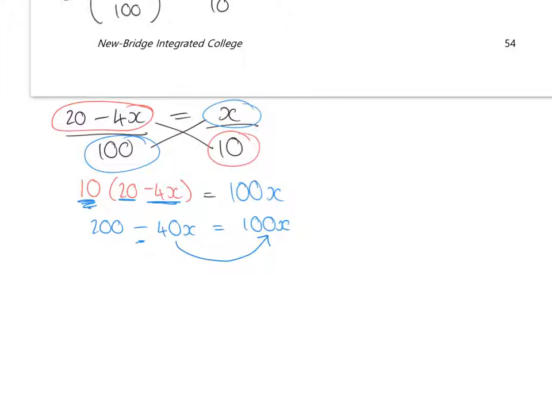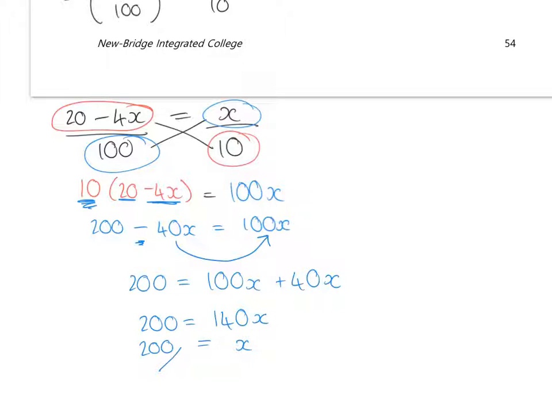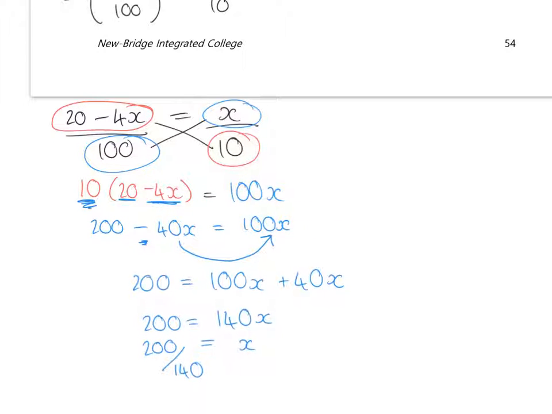Because it's minus on the left, it's going to be plus on the right, so it's 200 is equal to 100x plus 40x. Simplify that down, you've got 140x. And then to work out what the value of x is, I do x is 200 divided by 140. That gives me a value of x as 1.43.